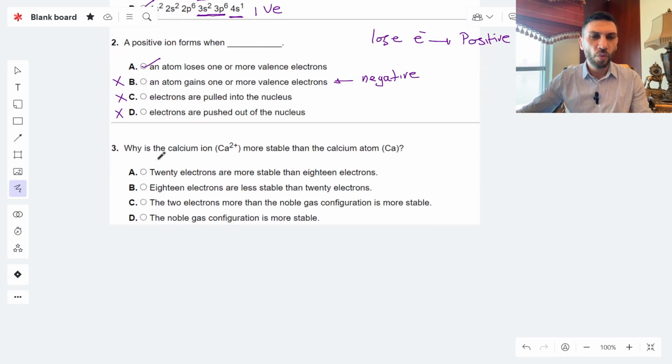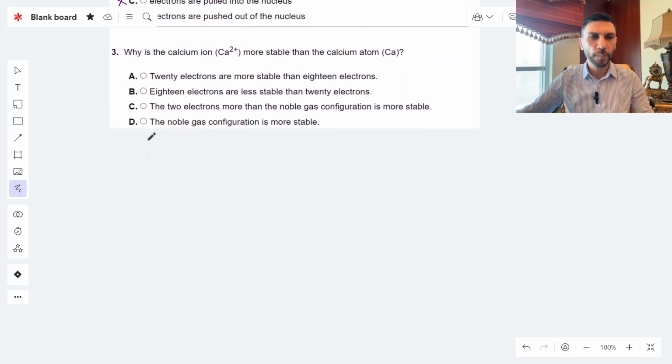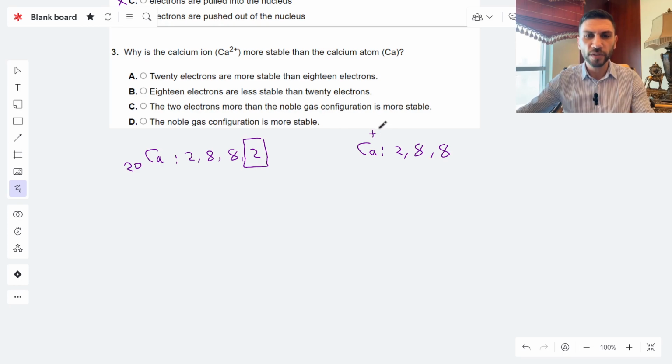The last question: why is the calcium ion Ca positive 2 more stable than the calcium atom? Calcium has atomic number 20, so it's going to be 2, 8, 8, and 2. The calcium ion has 2, 8, and 8 because it lost those 2 valence electrons. So this is calcium positive 2, and this is calcium 0, which is the atom.